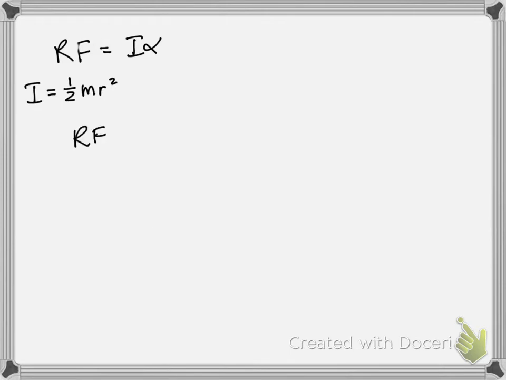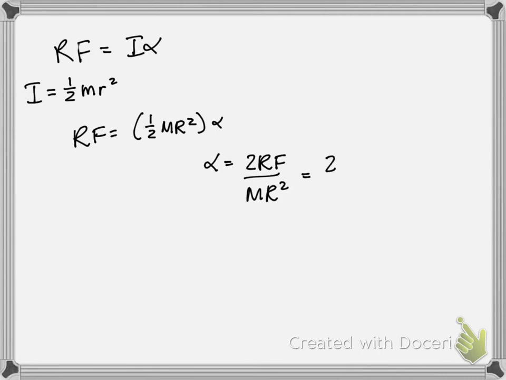We have RF equals I, which is 1/2 mr squared, times alpha. Solving for alpha, I get alpha equals 2RF over mr squared. We can cancel out one of the r's, so we get 2F over mr.